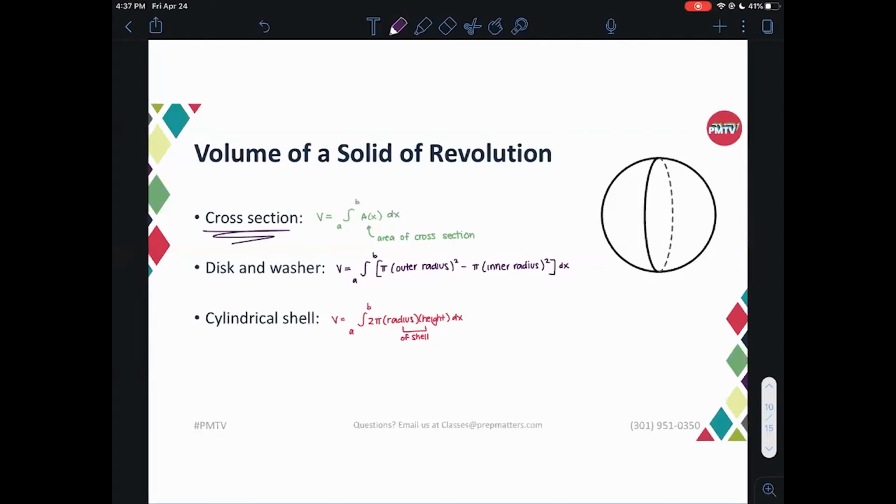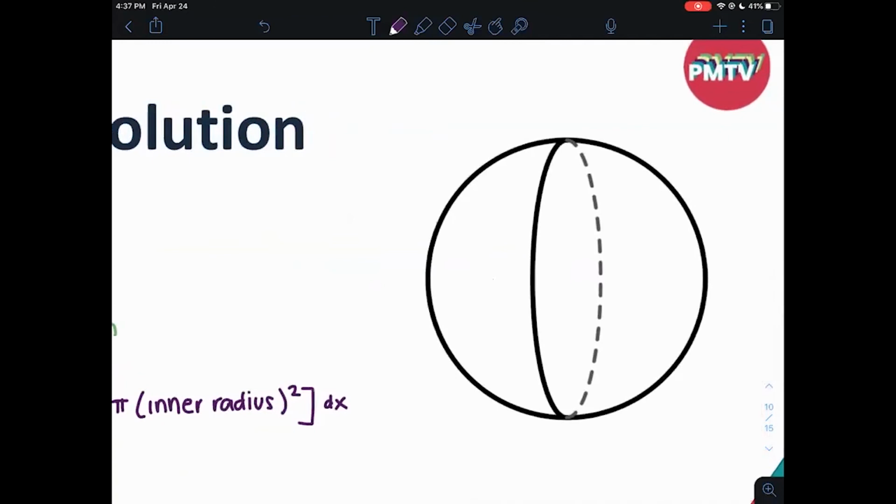So a cross section is some kind of shape section that is perpendicular to the x-axis if we're thinking about this in terms of x. So this sphere, for instance, has a cross section of a circle. If we just keep slicing this sphere into as close to two-dimensional shapes as we possibly can, all of those two-dimensional shapes are going to be circles.